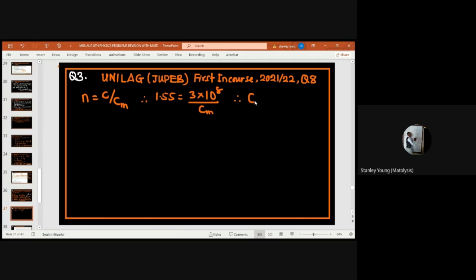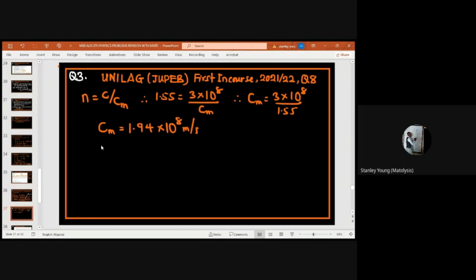So from there, cm is going to be 3 times 10 raised to 8 divided by 1.55. So 3 divided by 1.55 gives me cm equals 1.94 times 10 raised to 8 meter per second.